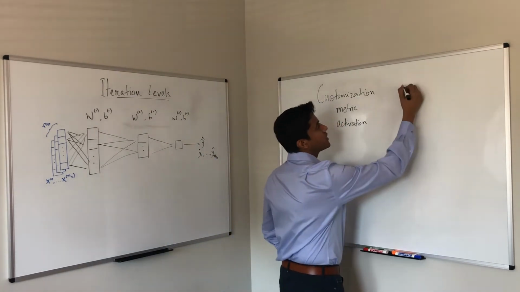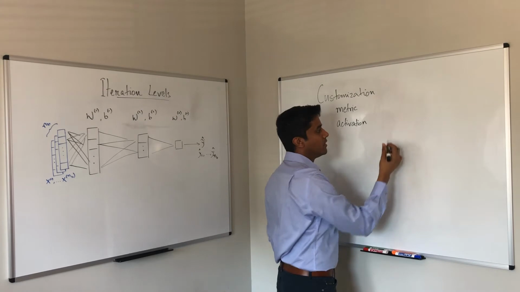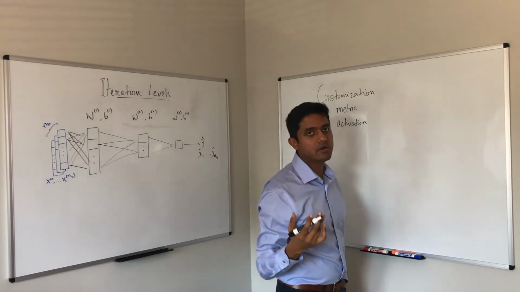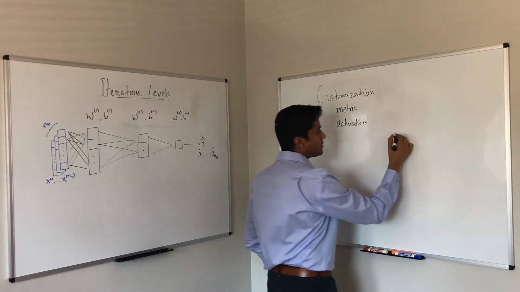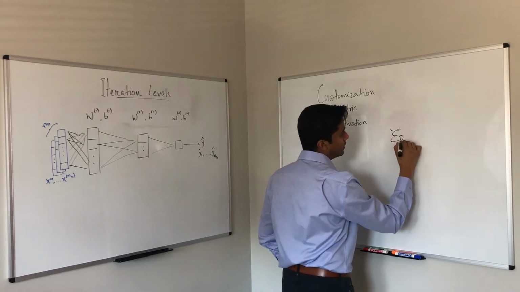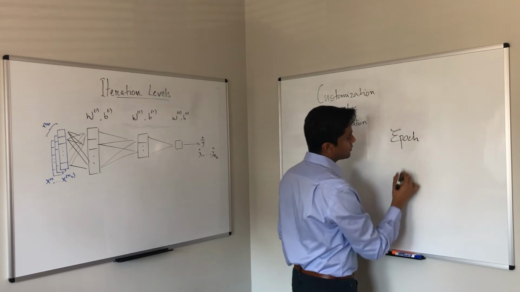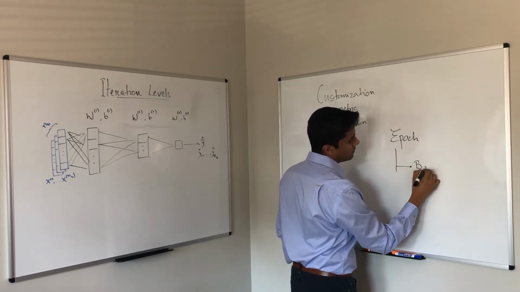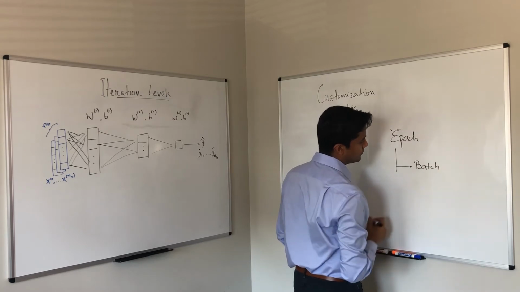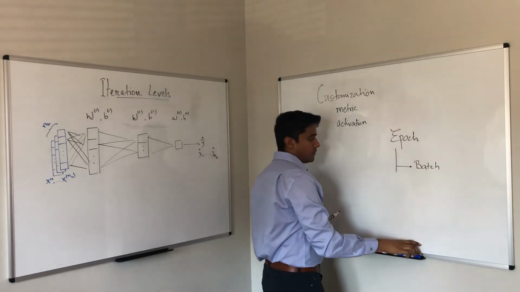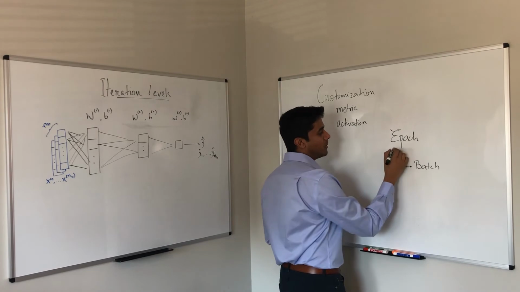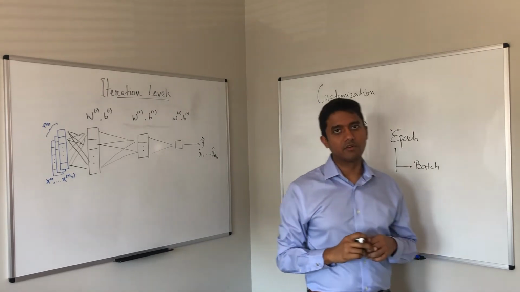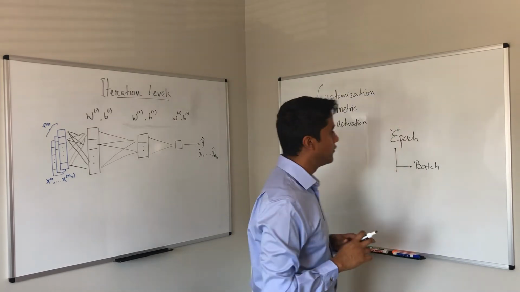The iteration levels that happen in this modeling, or for most deep learning modeling, start at the epoch level. Then it goes to the batch level. This is pretty much common across most deep learning models. After this, it differs from model to model or network to network.